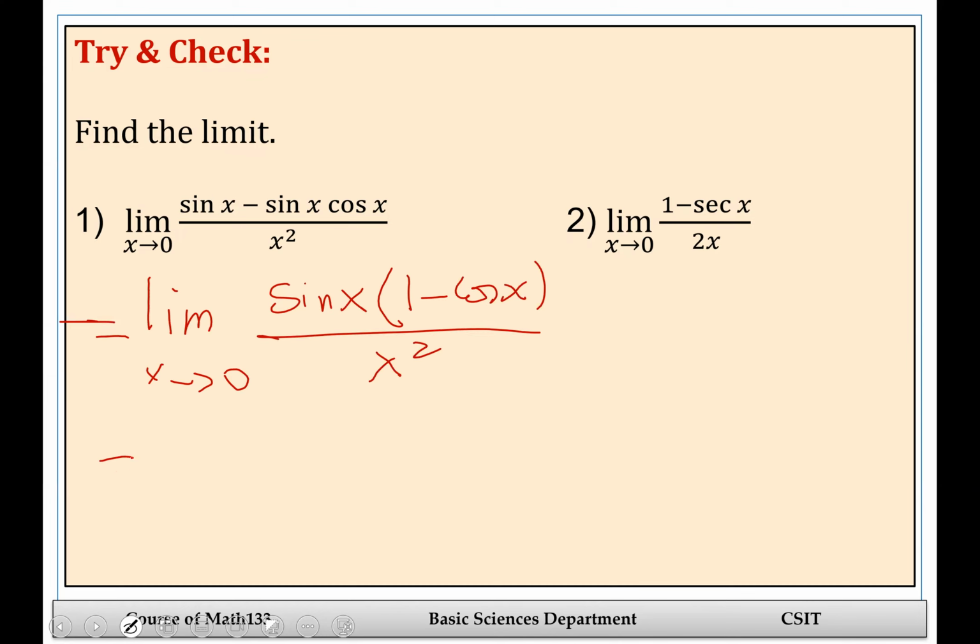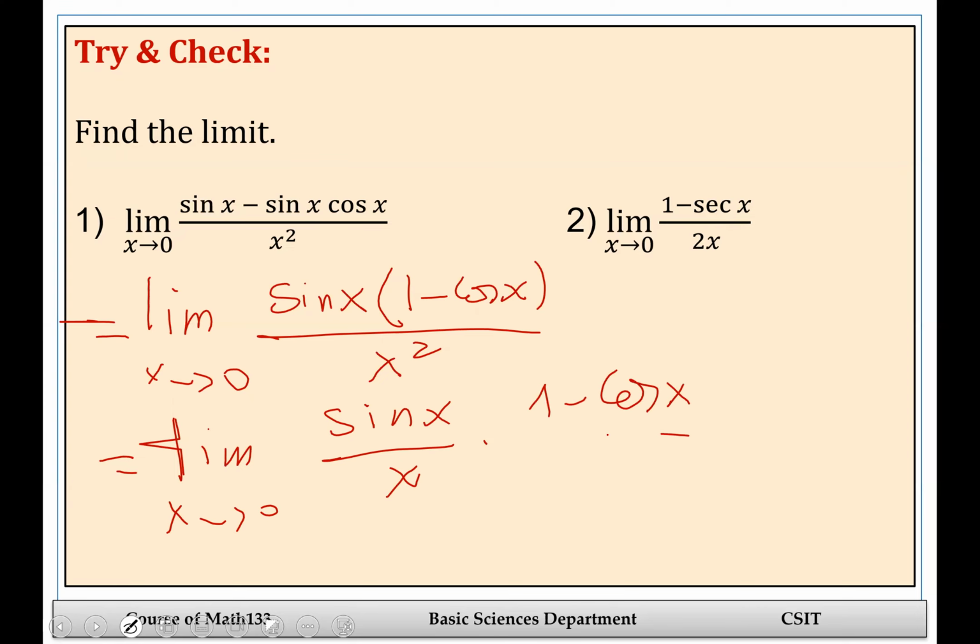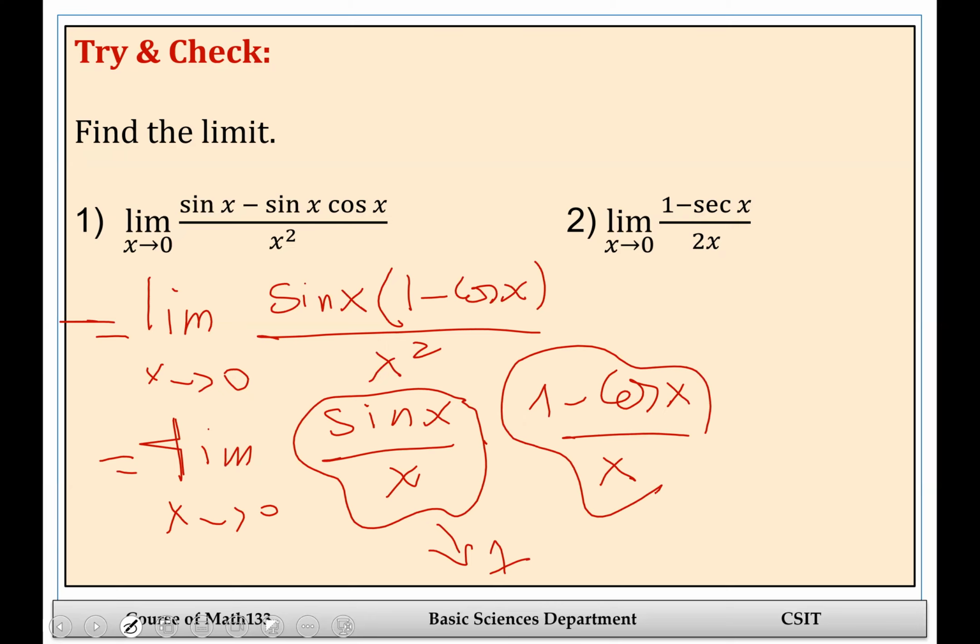And I will also separate it, so this is the limit as x approaches 0 of sine x over x, and I separate the x squared into x times x, times 1 minus cosine x over x. I know that this quantity approaches 1, but this quantity is written with a minus, so it's minus cosine minus 1 over x, but it is approaching 0, so the result will be 0.